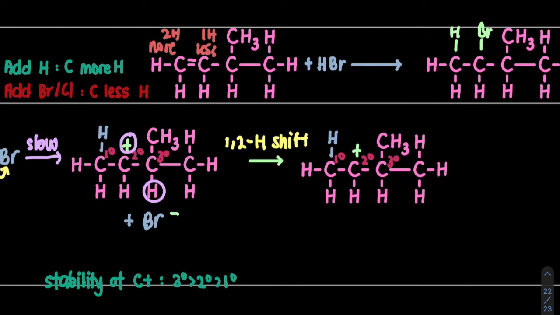So the positive charge will move towards here, and the hydrogen will be moved over. When we check the classification, our carbocation is a tertiary carbocation, the carbon next to it is primary, and this one is secondary. So again, this is the most stable carbocation.